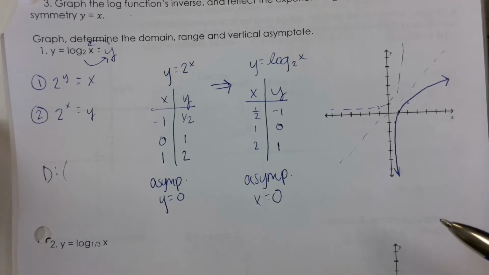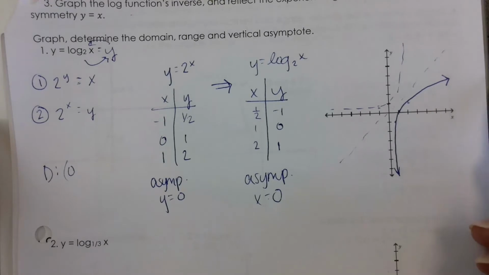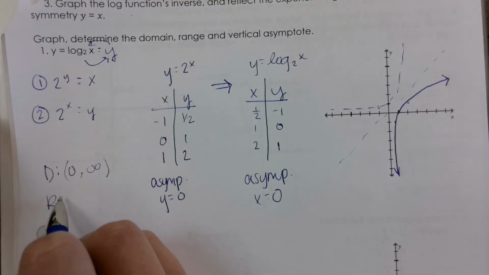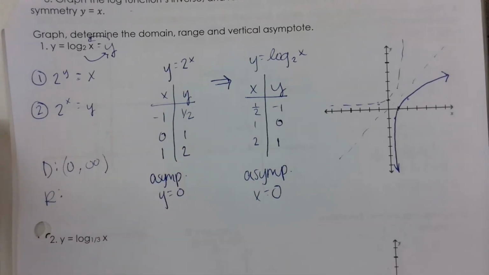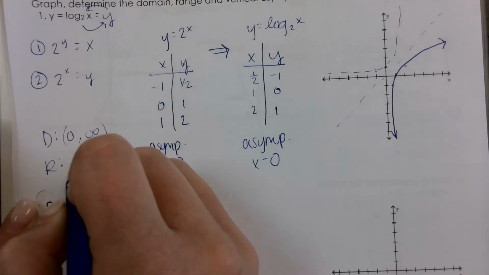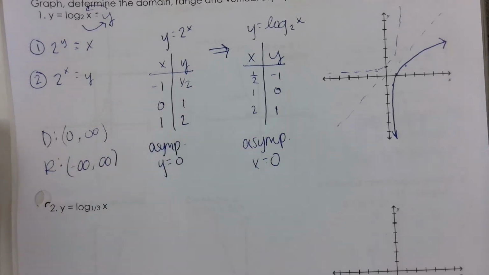It also wants us to find the domain and range. So what would your domain be for this graph? What's the smallest x value we could possibly have? Or what's it getting super, super close to and never going to touch? 0.